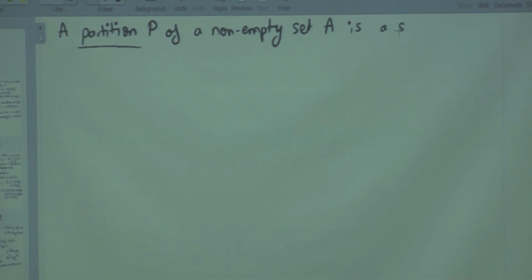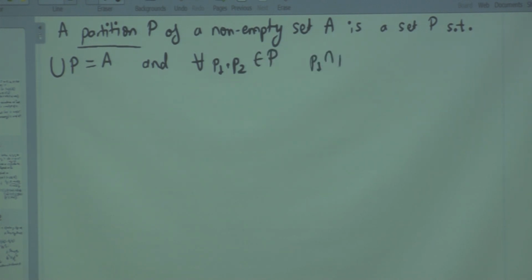It is a set P such that the union of P is equal to A, and for all small p1, p2 in P, p1 intersection p2 is empty.